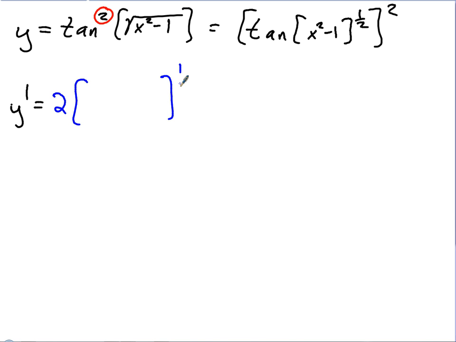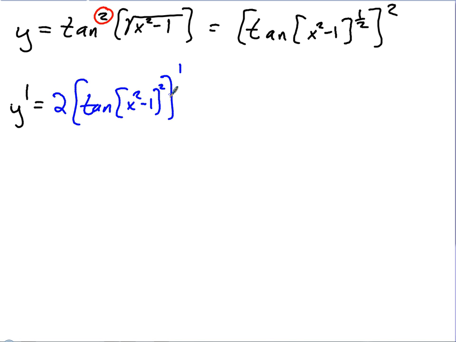Okay, and then what's inside? Tangent of the quantity x squared minus 1 to the 1/2, squared.